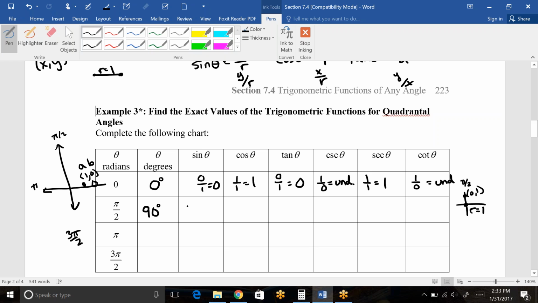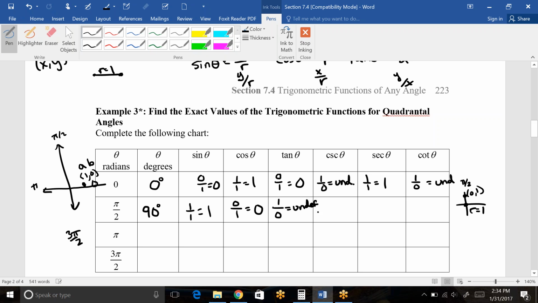That's 1 over 1, so that's 1. The cosine would be x over the radius, so that's 0 over 1, which is 0. And tangent is going to be y over x, so 1 over 0, which is undefined.